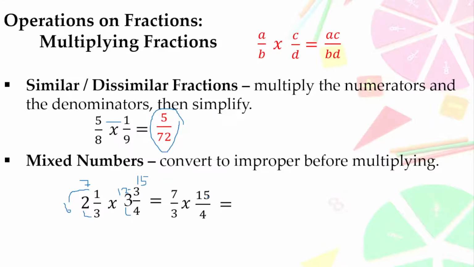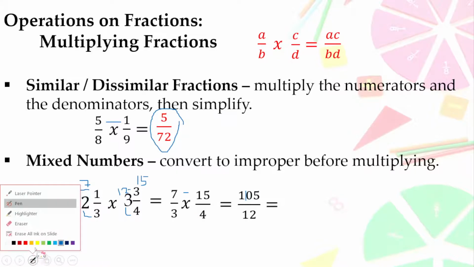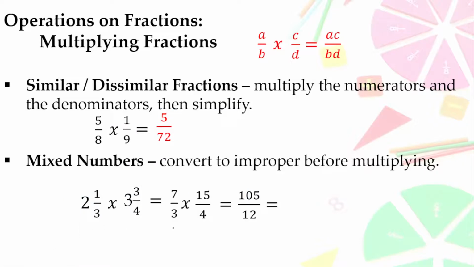So, now, we can multiply. 7 times 15, we have 105. And then, 3 times 4, we have 12. So, here, we can see that pwede pa po siyang paliitin. So, anong sagot here? We will get 35 over 4.